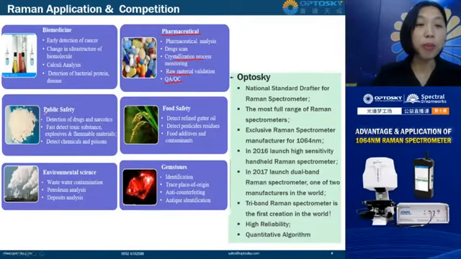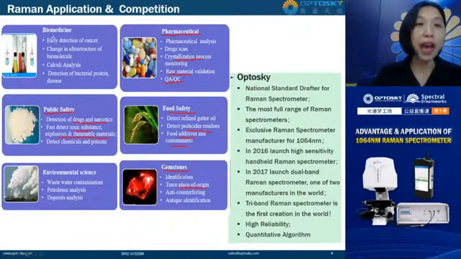They are also very popular in public safety to identify narcotic drugs, toxic substances, explosives, and flammable materials. They are also very good for gemstones: they can identify the place of origin, anti-counterfeiting and antique identification.